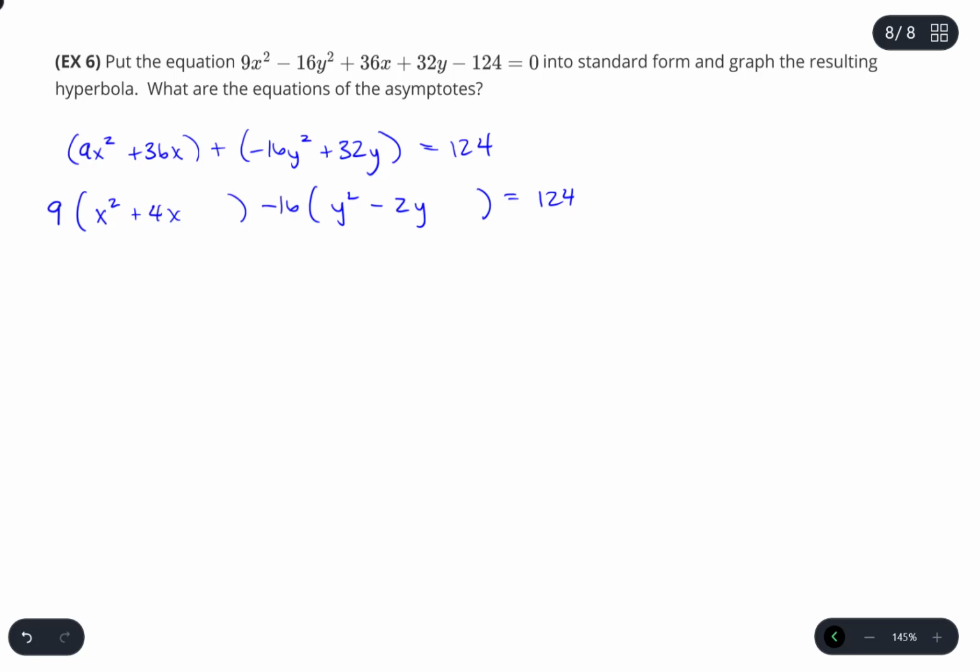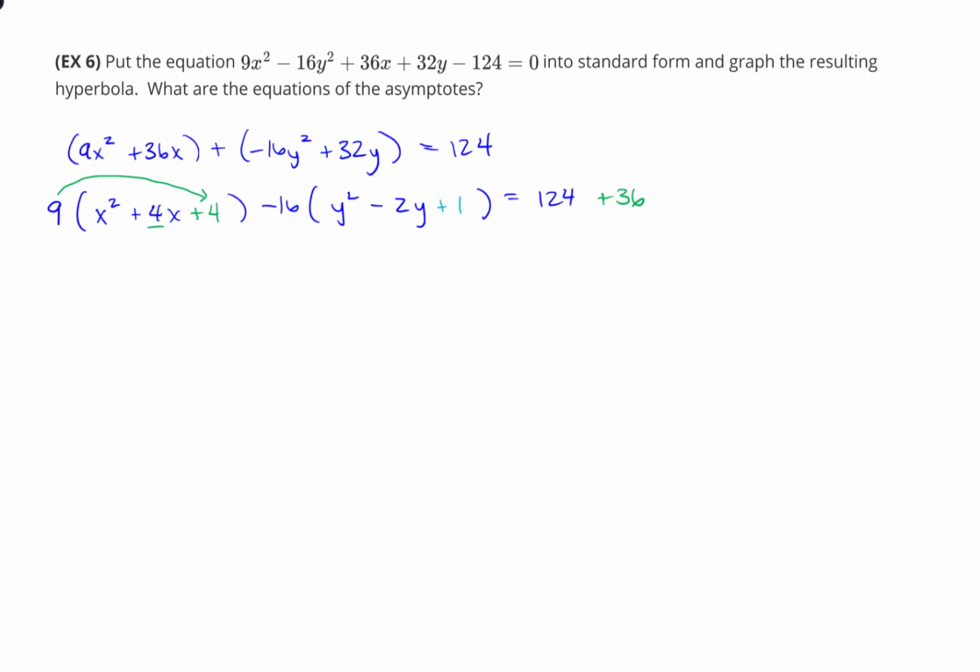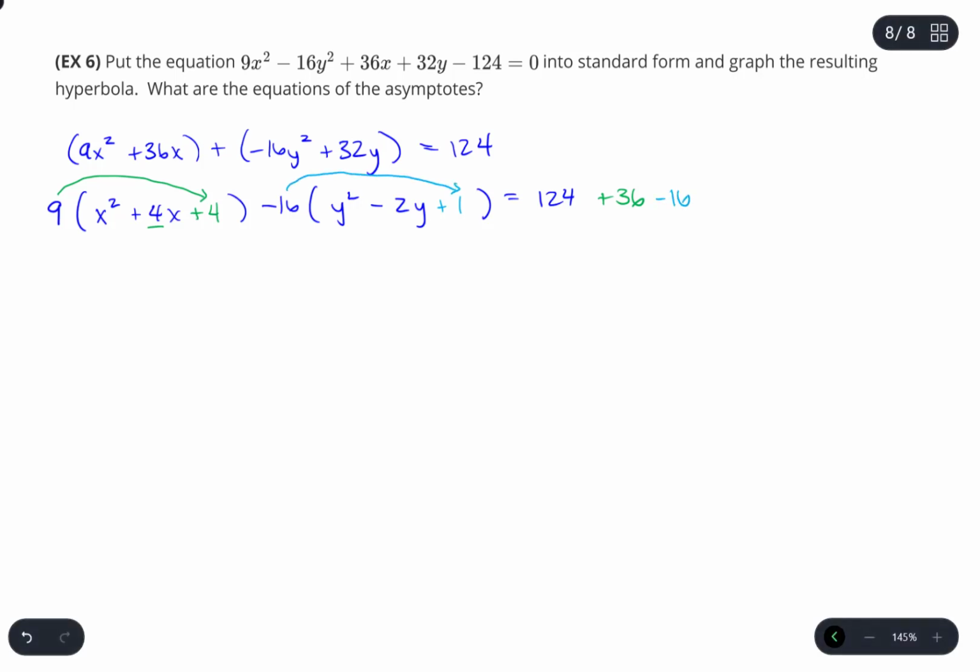And then with completing the square, I take this number, divide it by 2, which is 4, and then add 4 here. But because it's being multiplied by 9, the net effect is adding 36 to that side of the equation. Similarly, negative 2 divided by 2 squared is 1, but I'm actually subtracting 16 from this side, so I need to do the same on the other side.